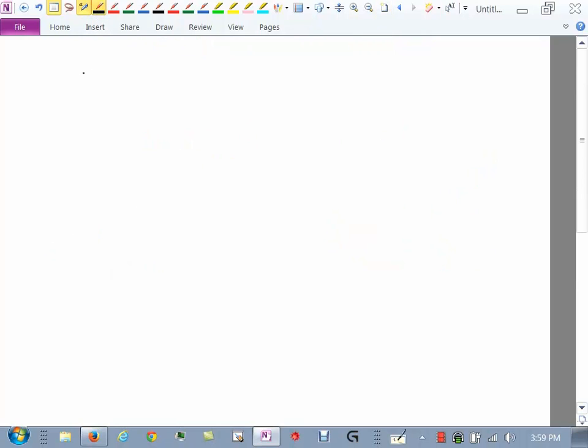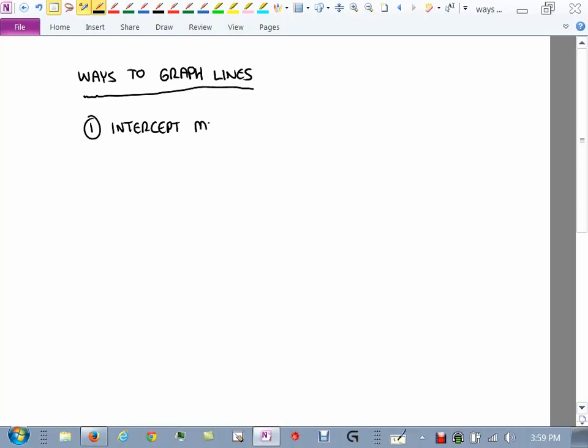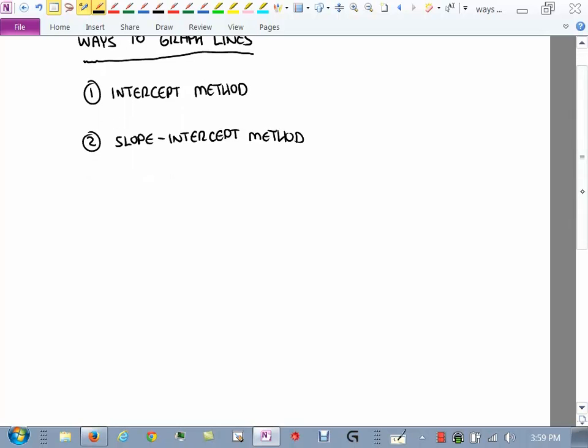So the two ways to graph lines are: one, the intercept method, and the next way is to use the slope-intercept method. Those are your choices for graphing lines. So let's talk about the intercept method first.